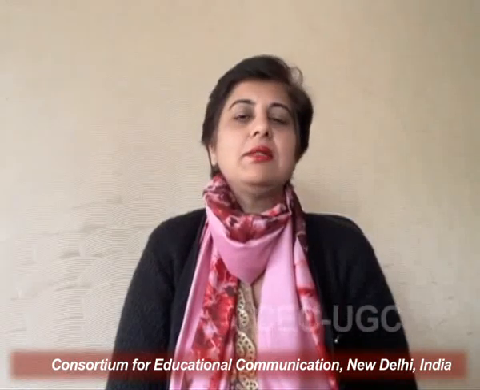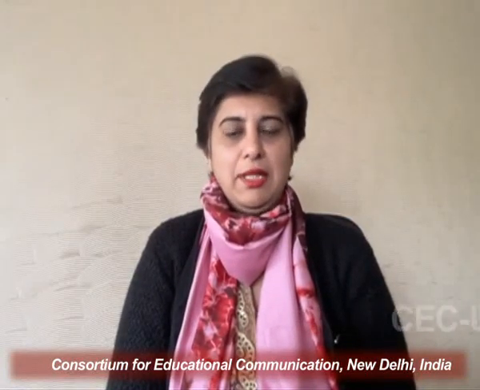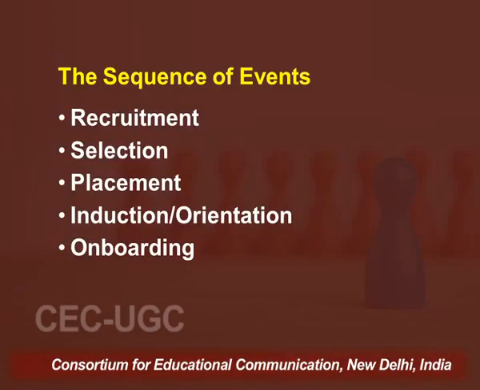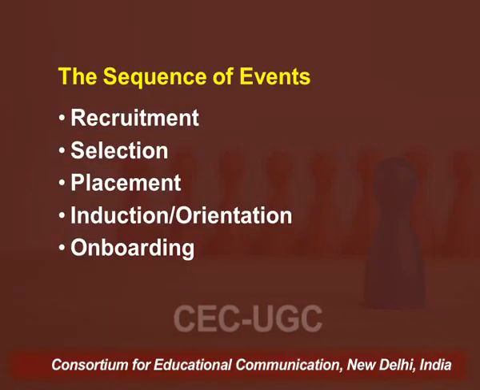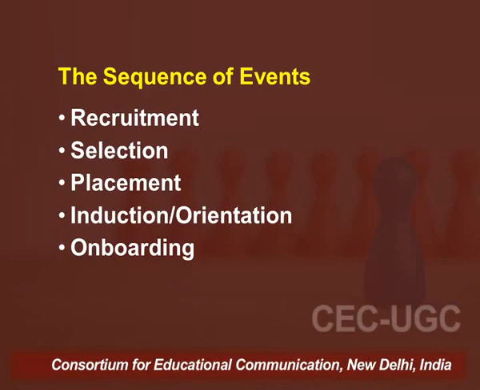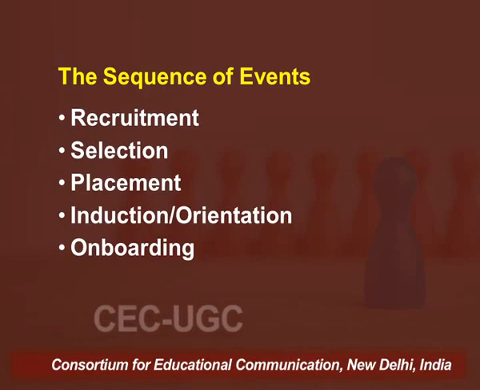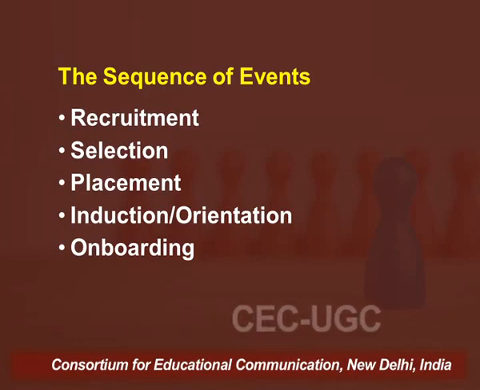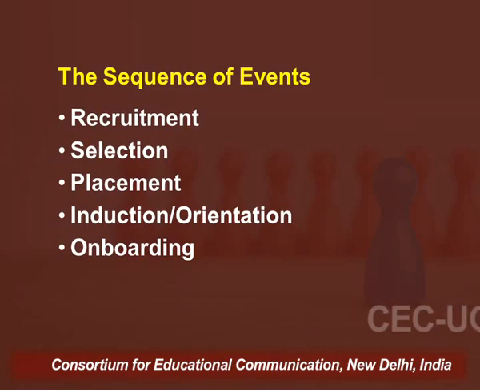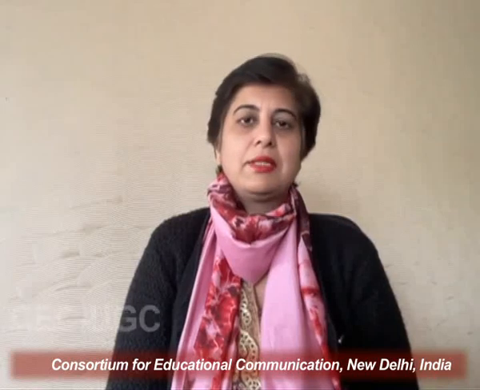As far as the sequence of events is concerned, the sequence goes like: first it is recruitment, then comes selection, then the placement, and then the induction or orientation, and in the end it is onboarding. We are going to learn about each one of these in the coming section.